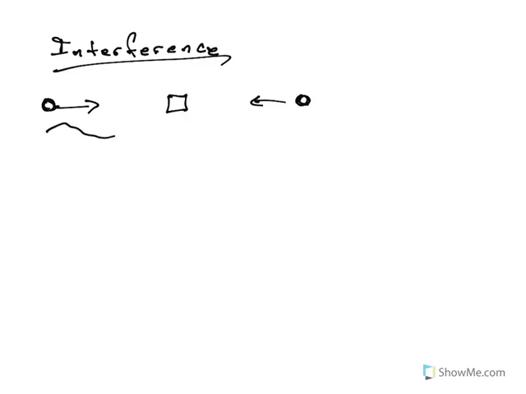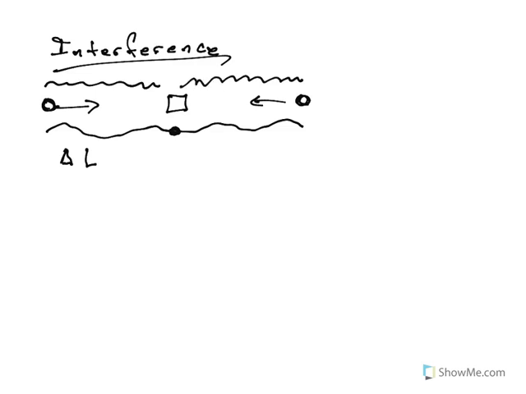If the sound wave traveling from this side and the sound wave traveling from this side, when they reach our microphone, they're going to interfere with each other. Are they going to interfere destructively or constructively? And the way you figure it out is the difference in path length, so how far this left side wave has to travel, minus how far this right side wave has to travel. If they constructively interfere, then this path length difference must be some multiple of the wavelength of the sound itself.